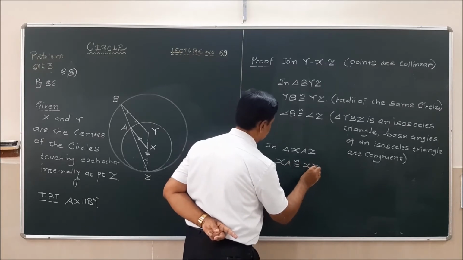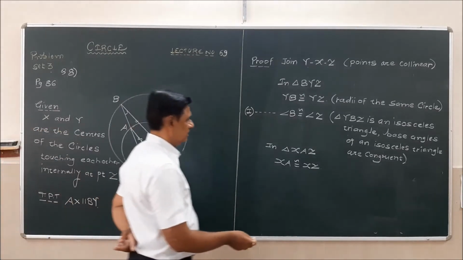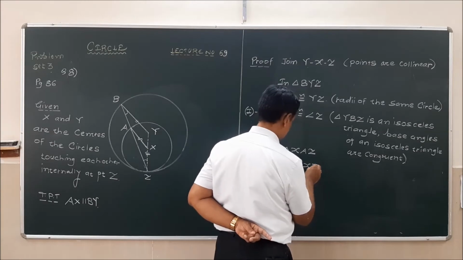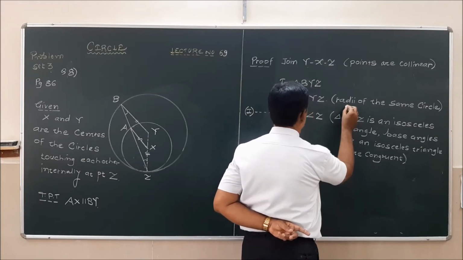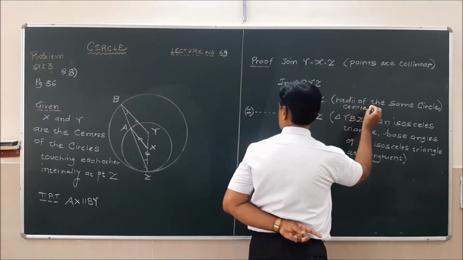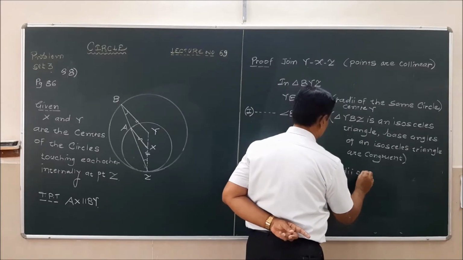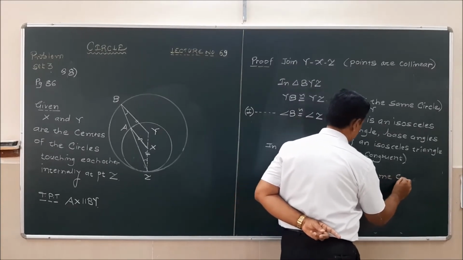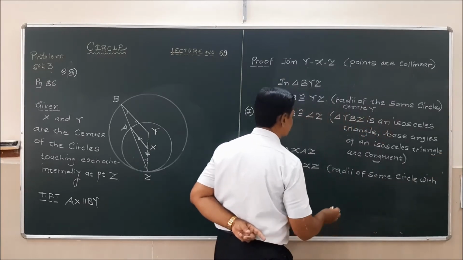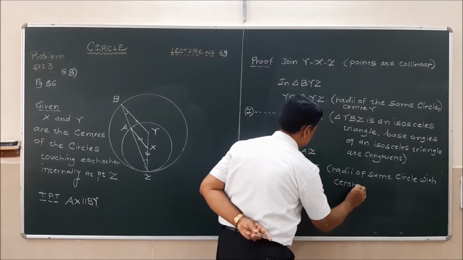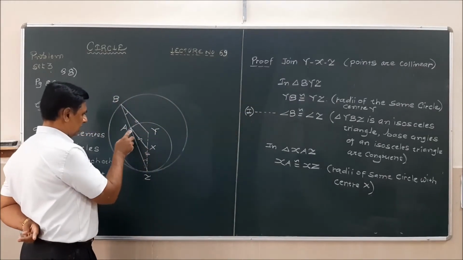Here also they are radii of the same circle, radii of the same circle with center X. So XA is equal to XZ.